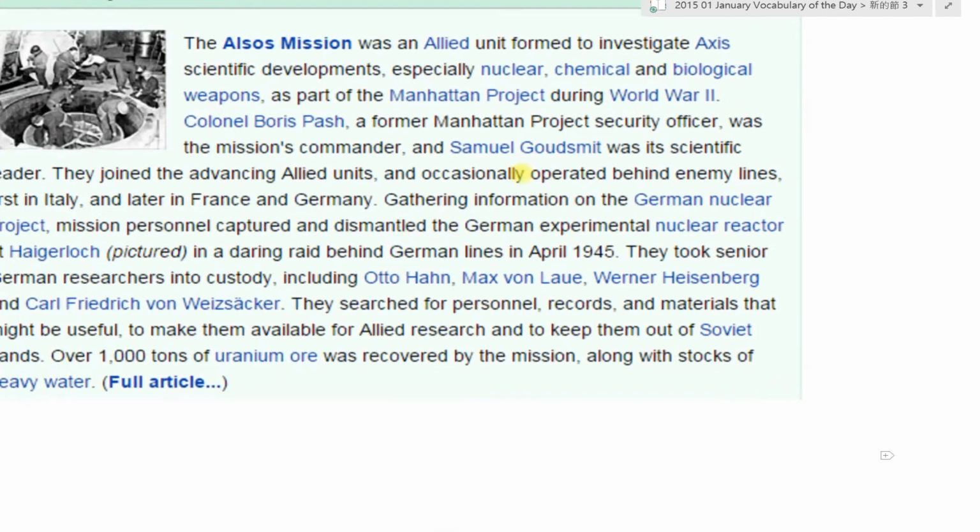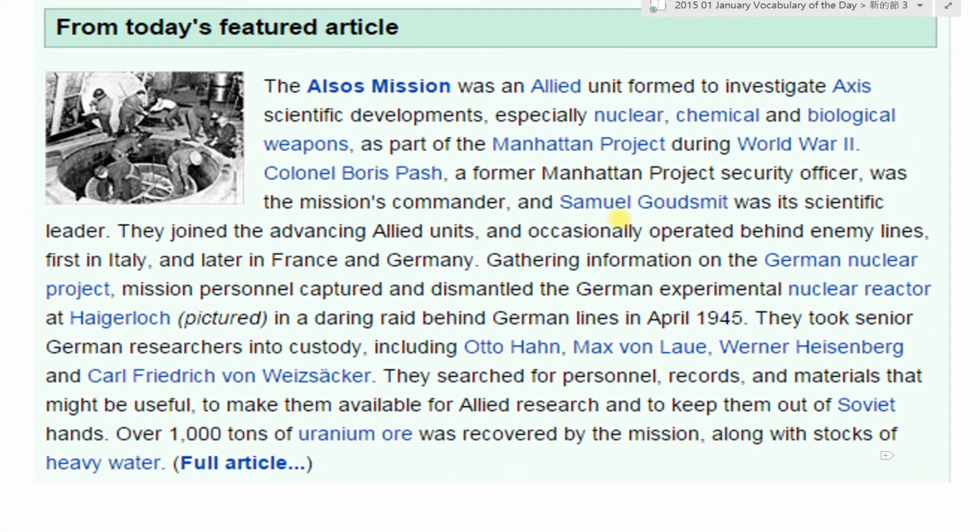Nuclear. 好的，再来一遍，跟老师一起来。今天的文章如果你有兴趣做进阶阅读，可以到 Wikipedia.org 去找 ALSOS Mission，它是一个计划。我们会念到这里。老师来念一下：The ALSOS Mission was an allied unit formed to investigate Axis scientific developments, especially nuclear, chemical, and biological weapons, as part of the Manhattan Project during World War II.